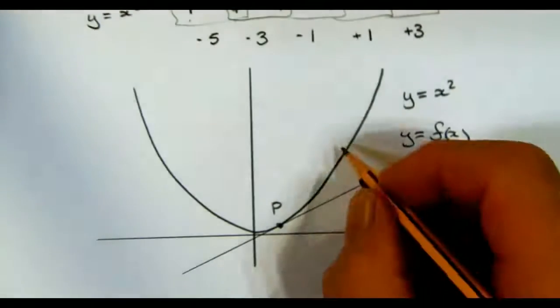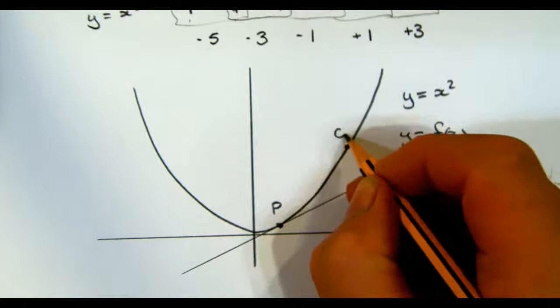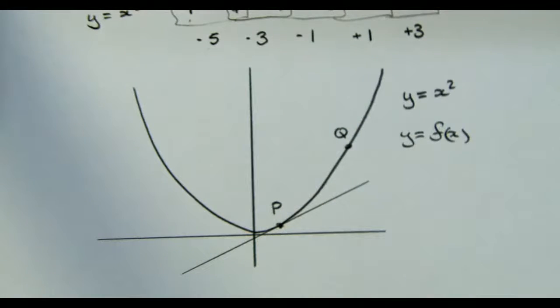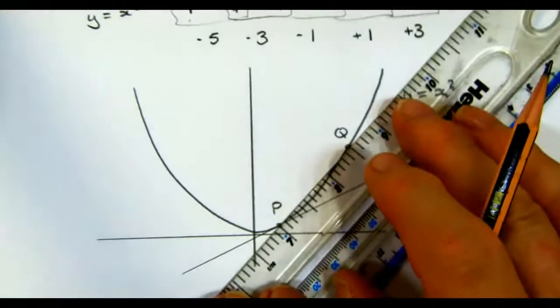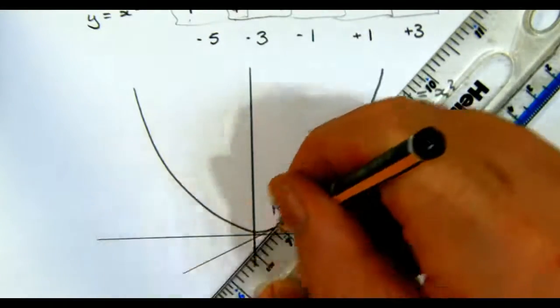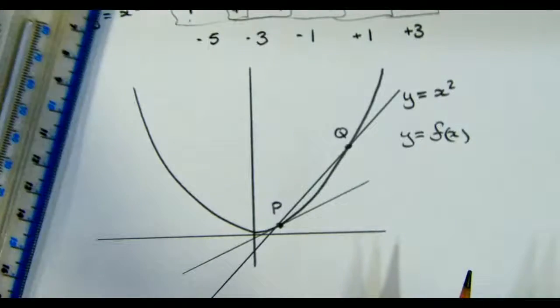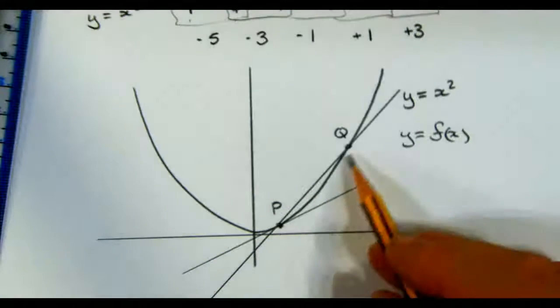Let's take a look at 2 points on this line. I've got a point Q and a point P, and if I join up P and Q, we've got here a straight line.